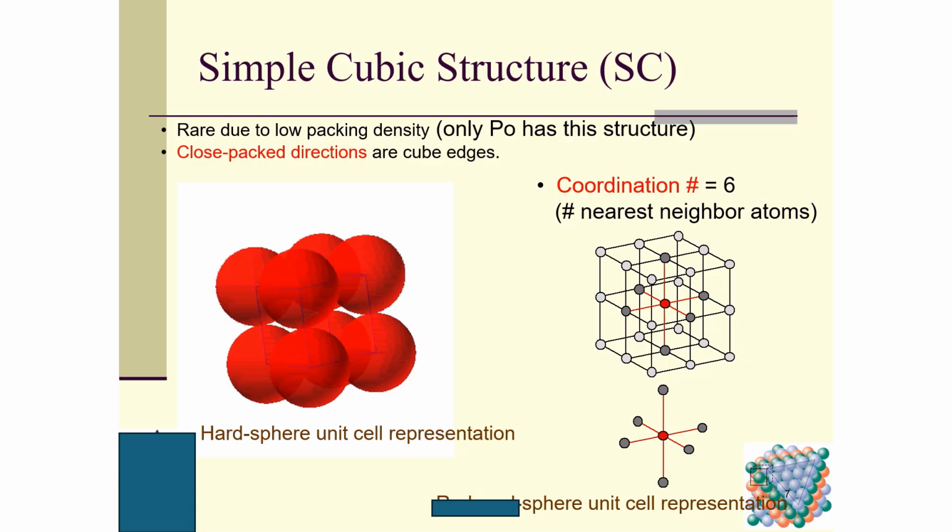This is the reason its coordination number equals 6. Any questions? This is called the hard sphere unit cell representation, and this is called the reduced sphere unit cell representation. So this is our first crystal structure for metals, SC.